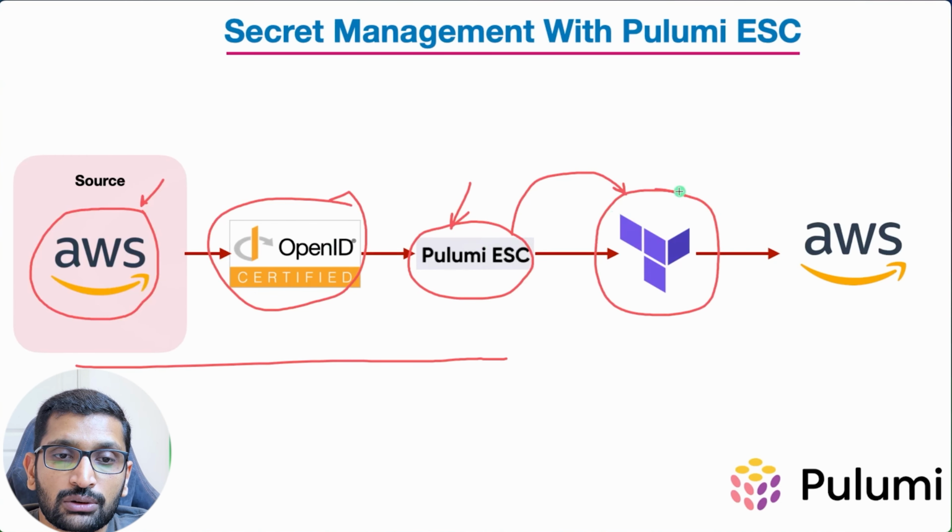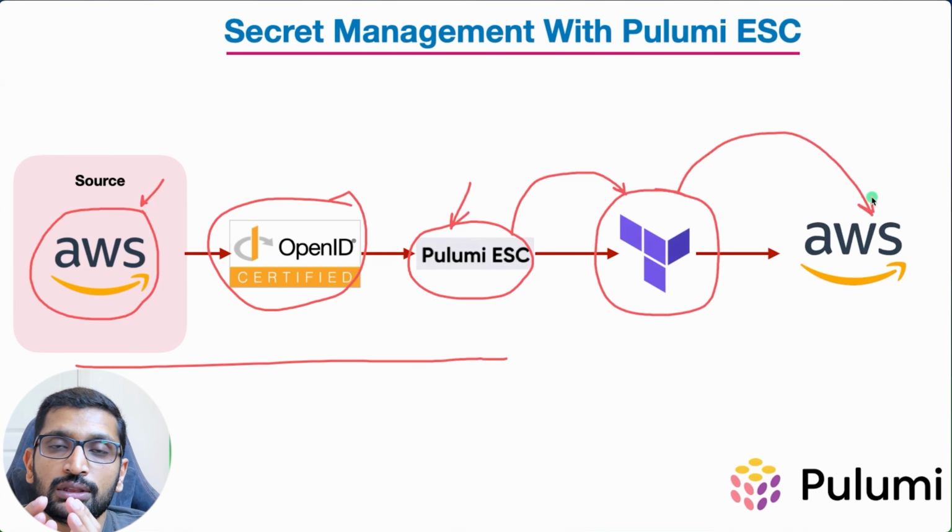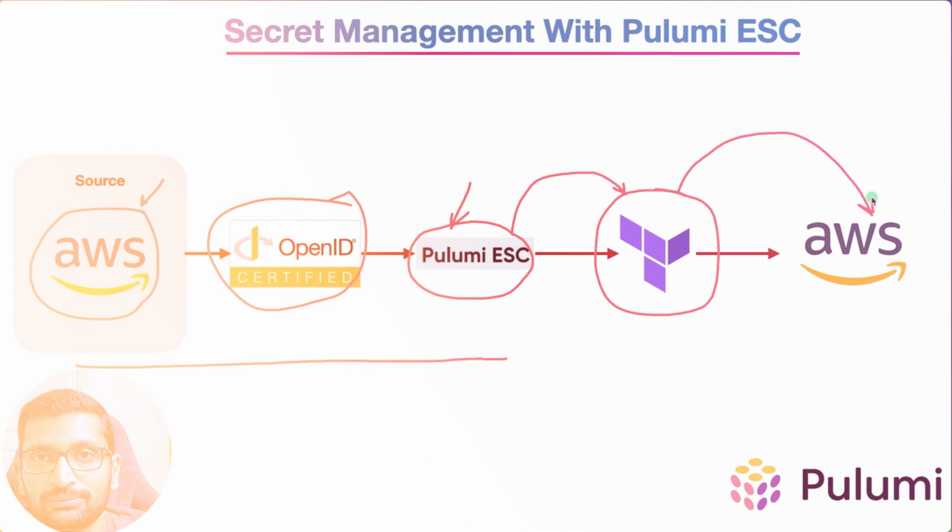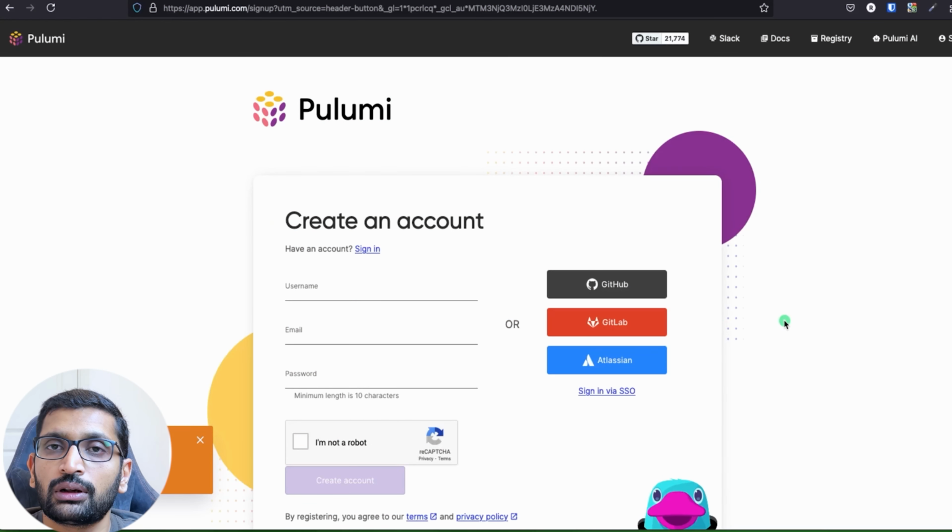And then we provision the resources onto AWS. With this flow, we are eliminating storing any static credential, access key, or secret key in my local config file.